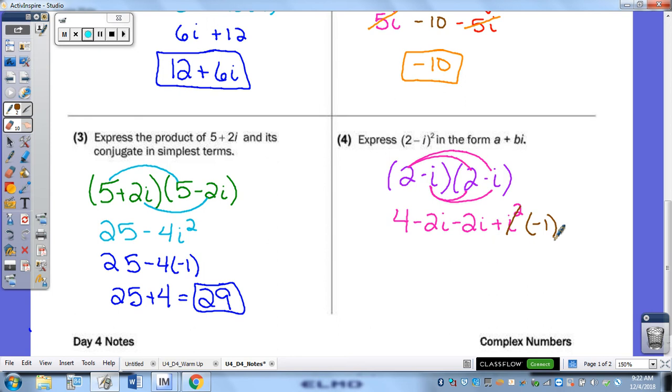So now combining our like terms, 4 plus a negative 1 gives us 3. Plus a negative means we're just really subtracting. Negative 2i minus 2 more i's will give us a negative 4i. Again, not conjugates, so you still have i as part of your answer. It looks like conjugates, and some people get confused, but it's not.